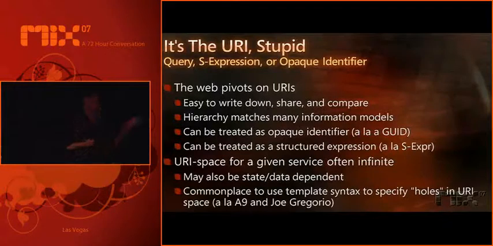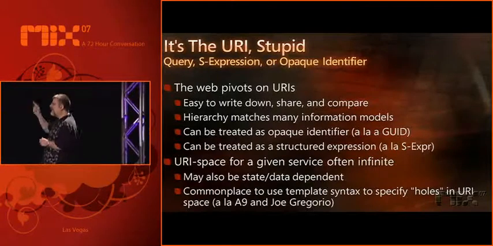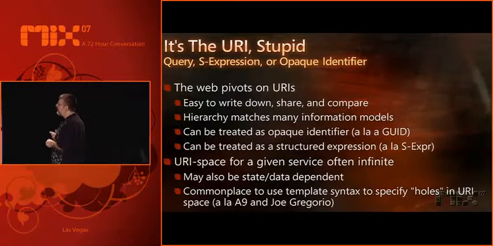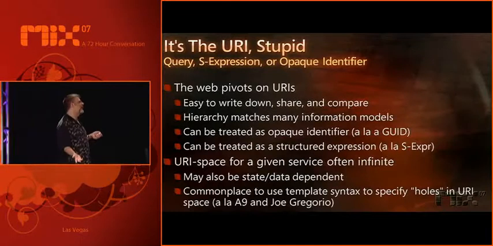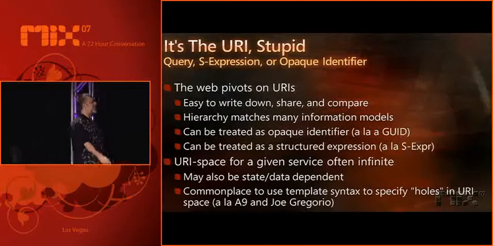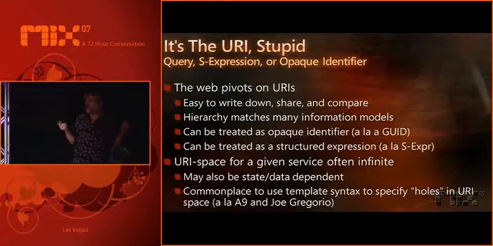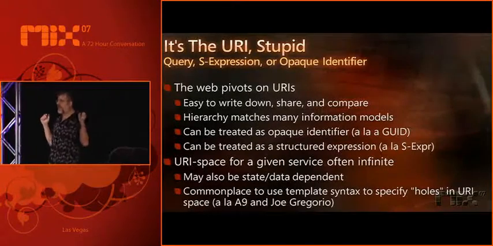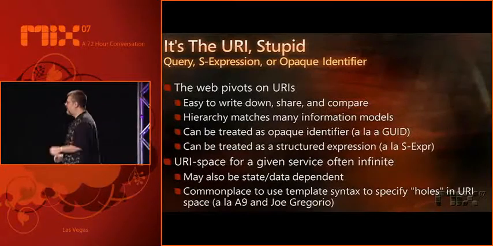So given this infinite nature of URIs, it would be good if we had some concrete technology for reasoning about and programming against the infinite URI space. And so convention over the past probably 3 or 4 years has been to have this template syntax where we can basically say, here's the shape or structure of the URI, and here's where the holes are. And the holes represent the potential infinity of the URI.